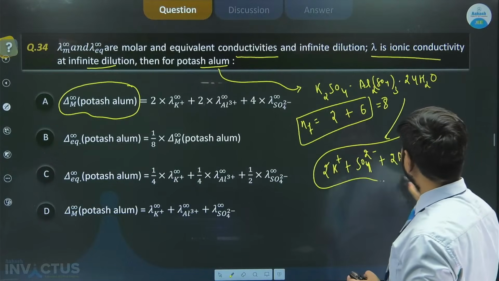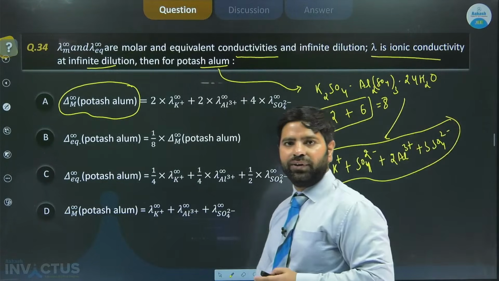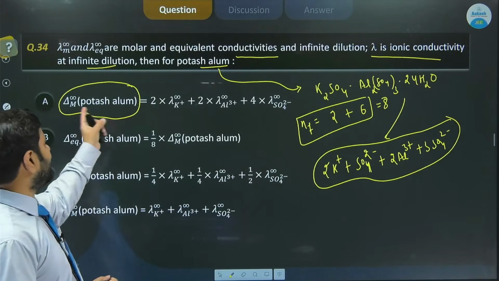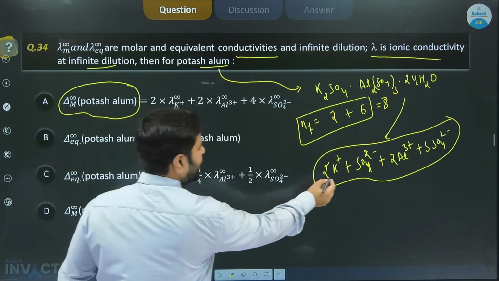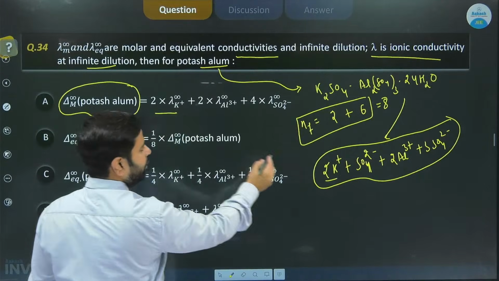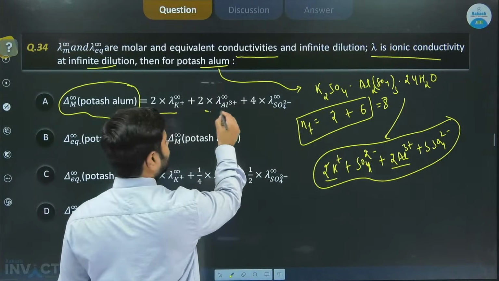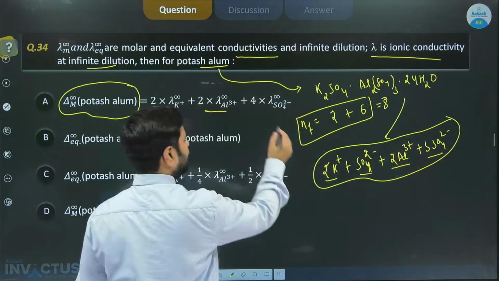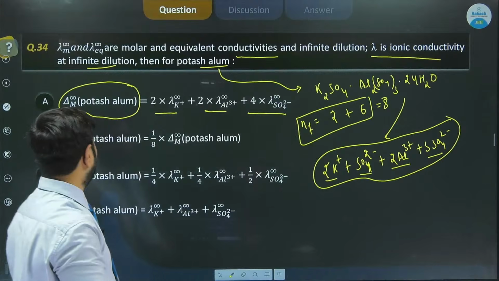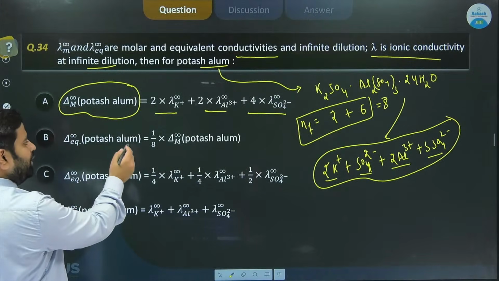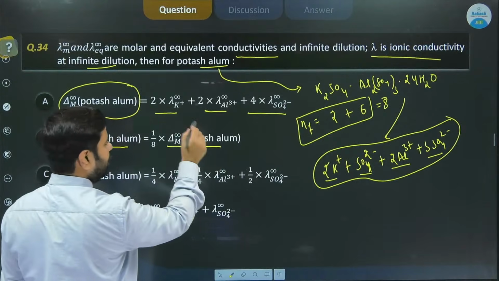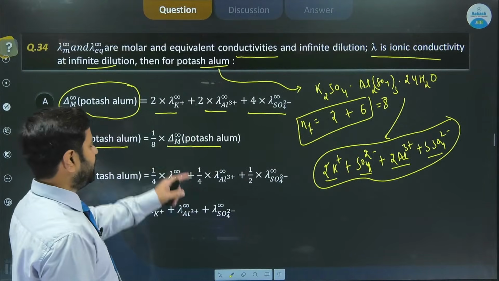So the sum of ionic conductivity of all the ions gives us the molar conductivity at infinite dilution. So it would be 2 into this plus 2 into aluminium 3 plus plus 4 into SO4 2 minus, these are the 7 ions available. Yes. And the equivalent conductivity of potash alum is 1/8 of the lambda m infinity molar conductivity of potash alum.